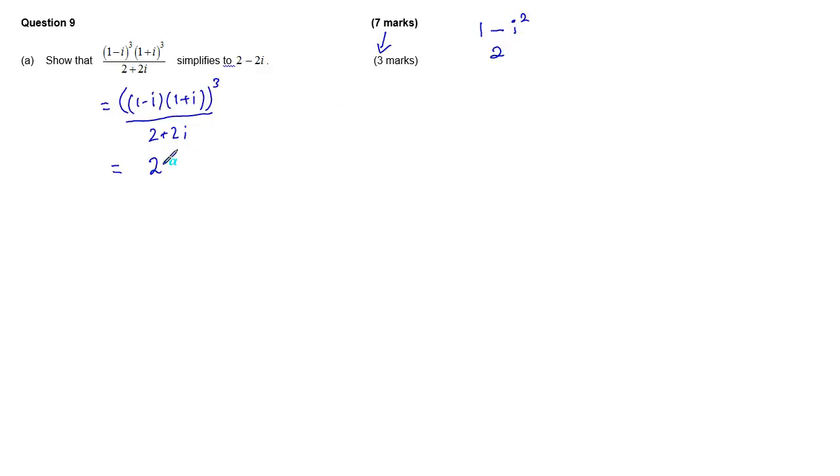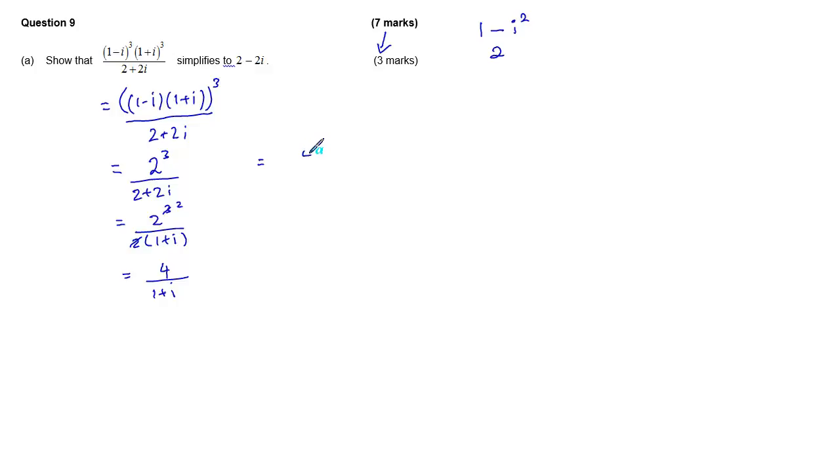So what we have is 2 cubed over 2 plus 2i. We could write that as 2 cubed over twice (1 plus i), and then cancel a 2. So we have 4 over 1 plus i.